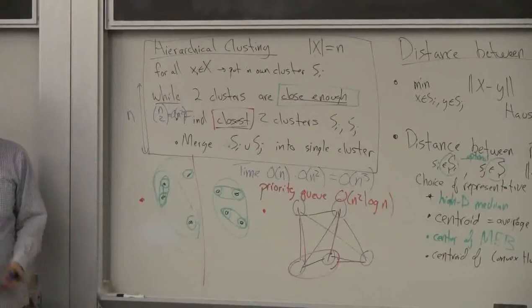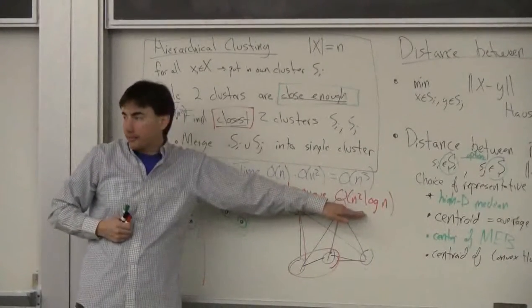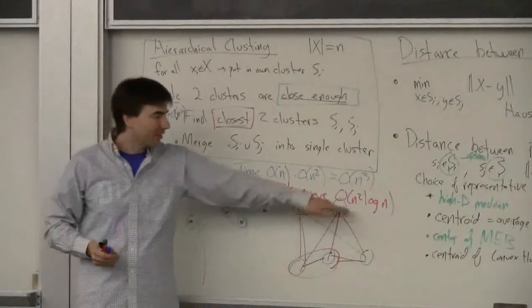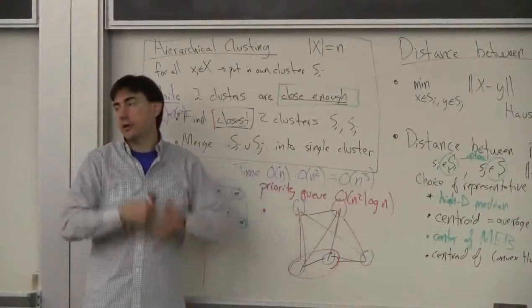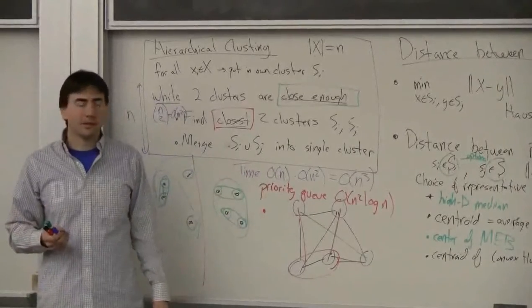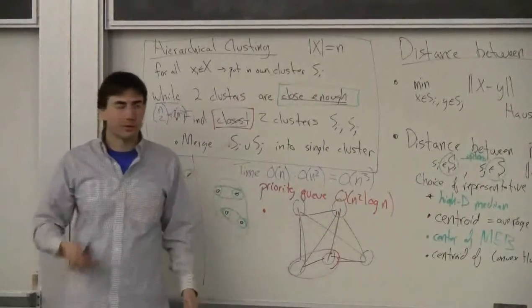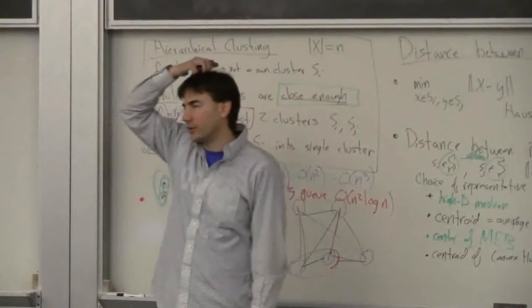So in general I can reduce it to n squared log n, but that's still going to be kind of slow if n is very big. If n is 1,000,000, then this becomes a trillion times log n, the log of 1,000,000, which is probably another 20.